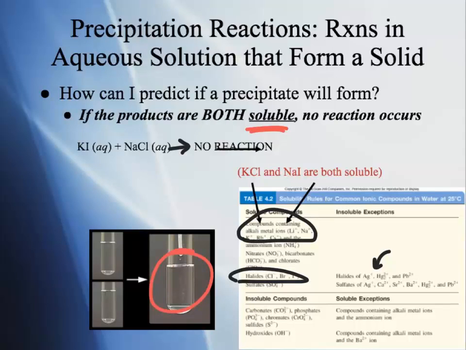The potassium iodide is going to dissociate, and you're going to have a bunch of K and I ions floating around in the water, and the sodium chloride is also going to dissociate, and you're going to have a bunch of Na and Cl ions floating around, but they're never actually going to get together because the water is going to keep them apart. Okay, so no reaction occurs when both products are soluble.